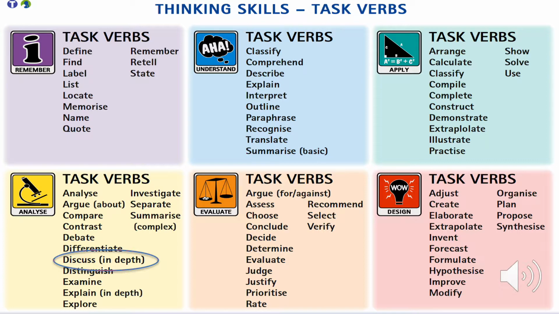In terms of higher order thinking, we then get on to analyze, and have a look at some of those verbs that you'd recognize you use on a regular basis. Along with that, which is called critical thinking, to analyze and evaluate, you get the evaluate tools to make a decision, decide, and so on. And finally, human endeavor is always about making things even better. And so you've got the design, the more creative side. How could you modify, and so on?